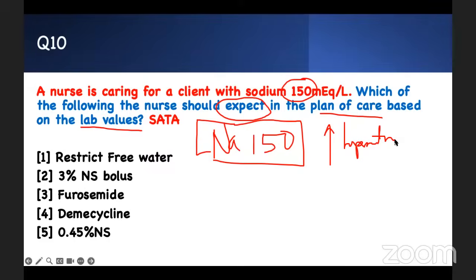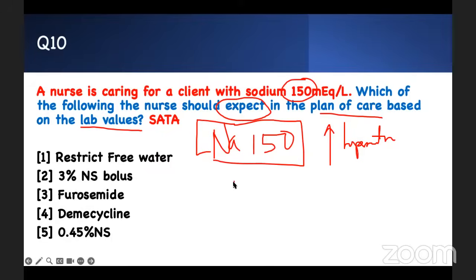Just rewrite the question. All we have is a sodium of 150. It means hypernatremia. So we have to make this normal. How do you make this normal? There's a strategy. It's straightforward, right?